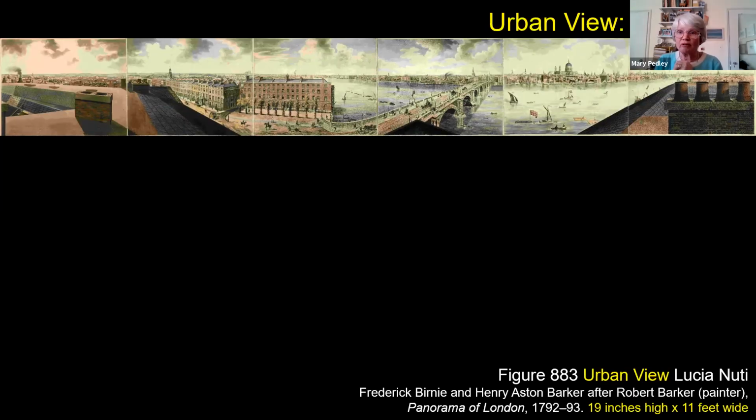It's not just a view on a relatively small map, but this panorama, which was 11 feet wide, really takes you in to the city itself. This is a view of London from the south at Blackfriars Bridge, going across, and from west to east. It is meant to awe you.